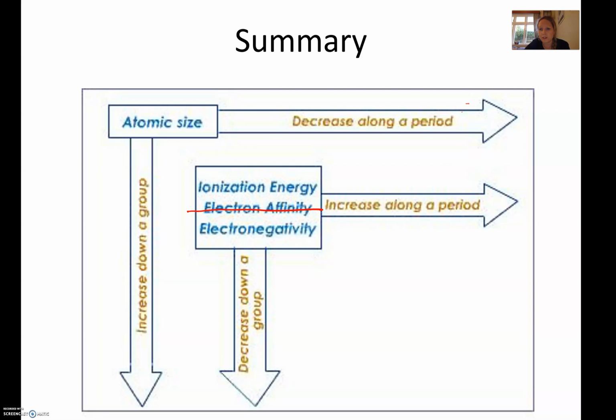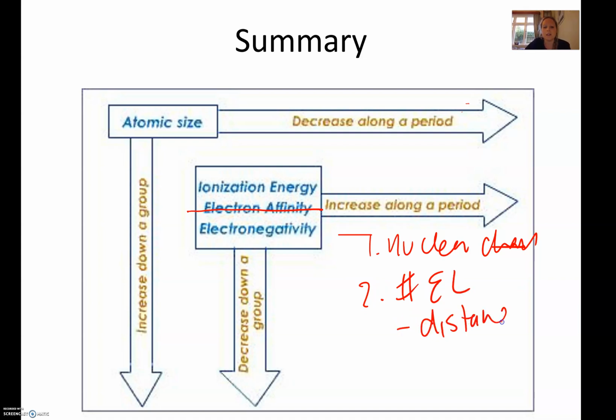And all of the reasons are the same. Every answer that you're doing with periodic trends needs to include nuclear charge, number of energy levels, and with that you need to talk about distance and you need to talk about shielding by inner shell electrons. If you're talking about an ion, that's the one time you need to bring up electron-electron repulsion.